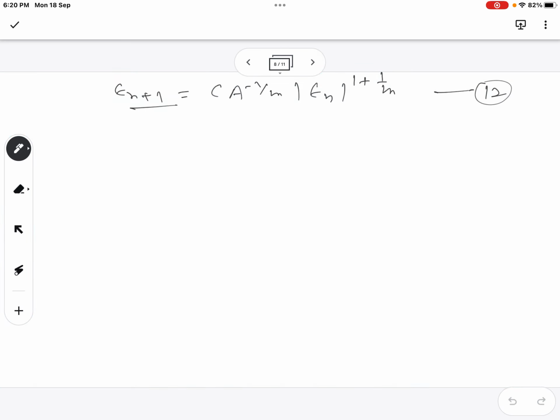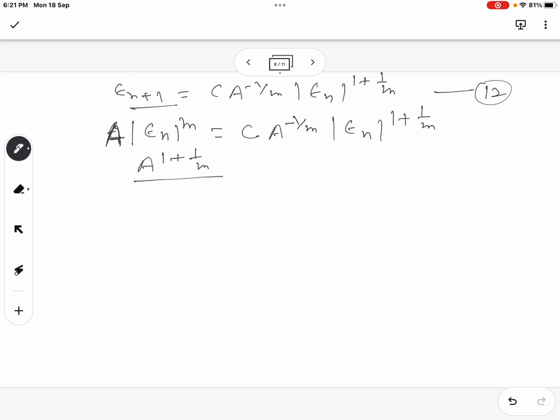So I can write down that A to the power A into the nth error to the power m is equal to C into A to the power minus 1 by m, the nth error to the power 1 plus 1 by m, and I can write it as A to the power 1 plus 1 by m by C is equal to the nth error to the power 1 plus 1 by m minus m. Bringing this here, I can write down.